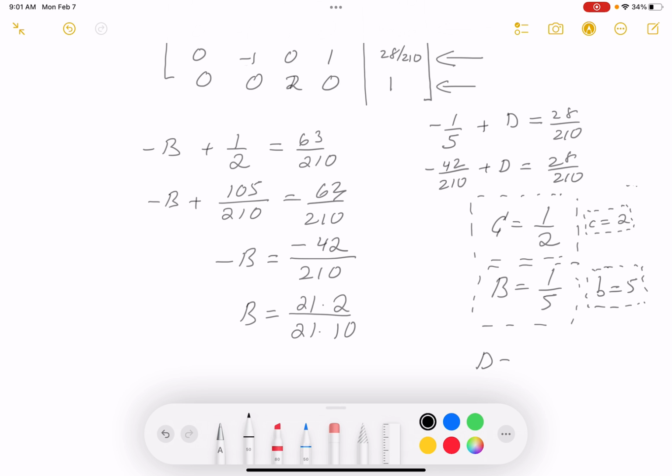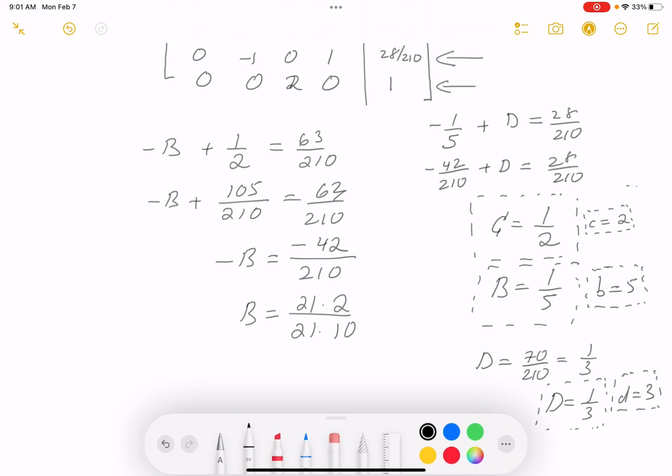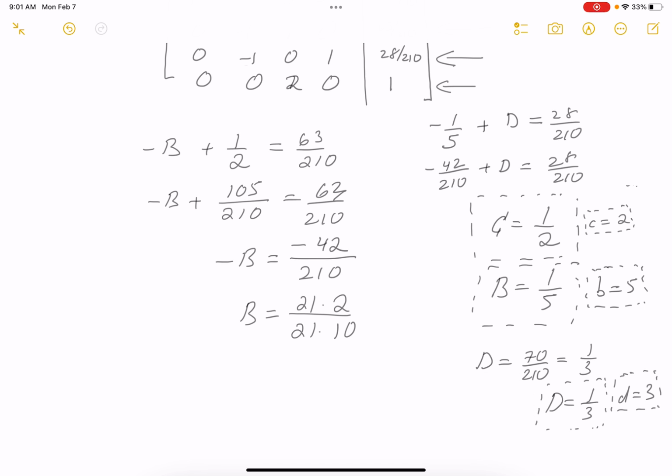So D is going to be what? It's 2870 over 210, which is really just 1/3. So that means the lowercase d, I'm going to put d down now. D is 1/3. And that means the lowercase d is 3, which means 3 hours, if you can recall back to the original wording. All right, I guess we got most of it.